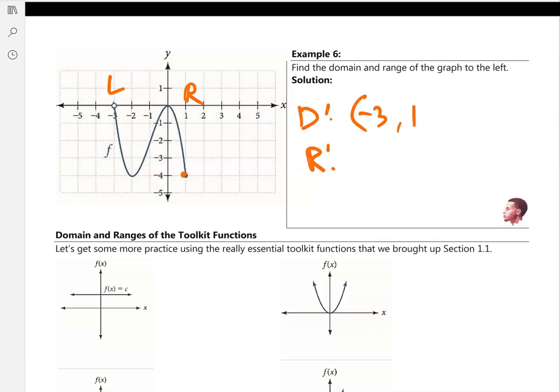You have a closed circle, so that is the domain. Range, bottom part of this graph is this, and the y value is -4. And the top part of this graph is this, 0. Even though there is an open circle here, there is a point here, so that's why this is a bracket. So that is the domain and range of number 6.